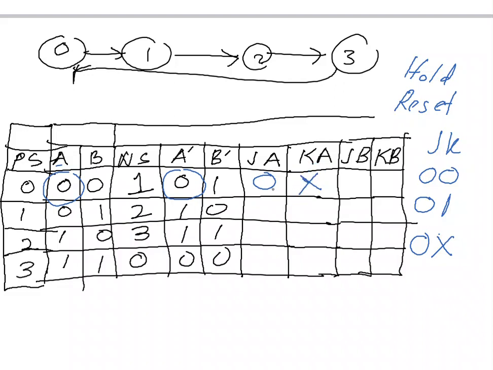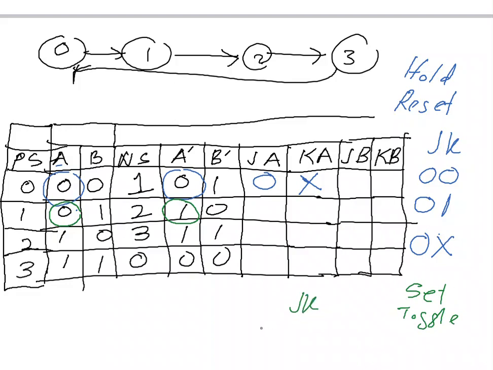Then next row. I'm going to use green. A 0, A prime 1. What condition, what mode causes the change from 0 to 1? 0 to 1 is either set or toggle.